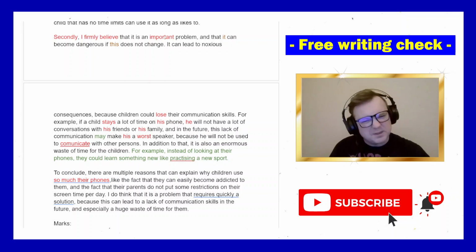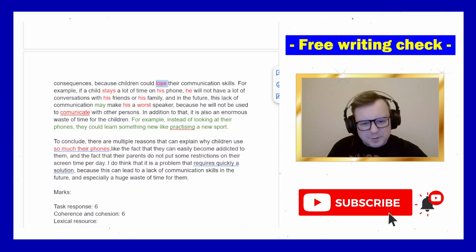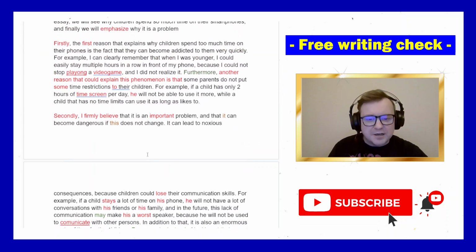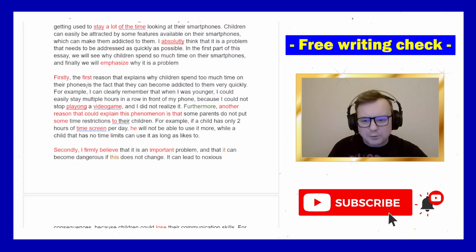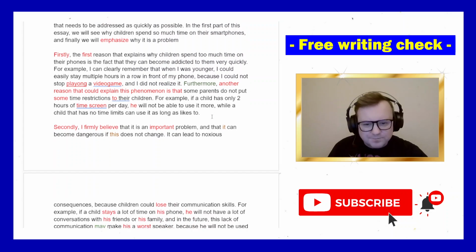Important problem could be something like a serious problem or a severe problem would be better. A little bit maximalist, like lose their communication skills. But in general, the candidate does show that they have enough vocab to talk about problems of spending time on smartphones.